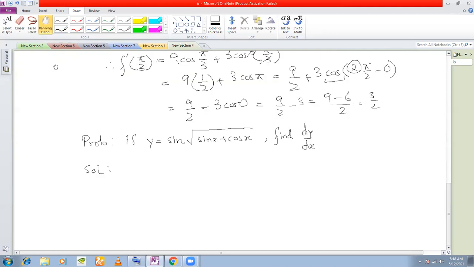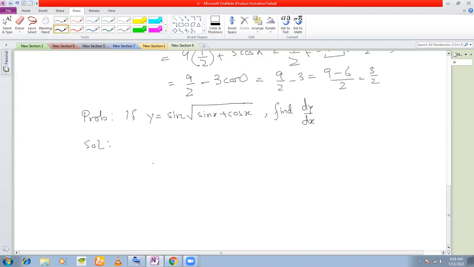Now we'll use chain rule here because you see this is a composite function. And one function is inside the other. What is the main function here? The main function here is sine. And what is the function that is inside this function? It is root sine x plus cos x, right? So we can split this into three functions, right? If you use u, v, and w, you can split this into three functions, but we'll differentiate directly.